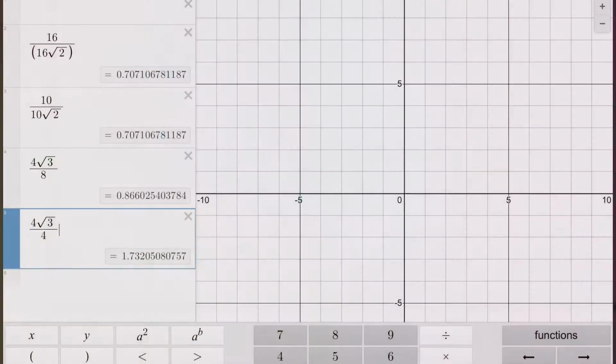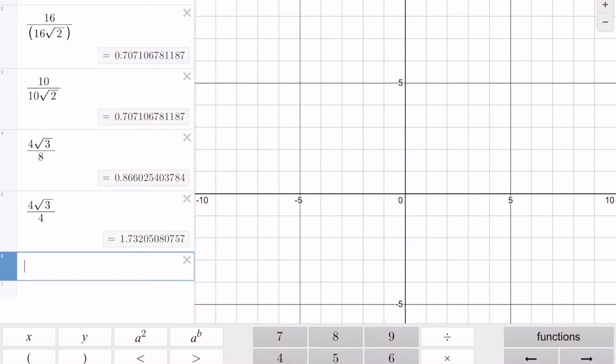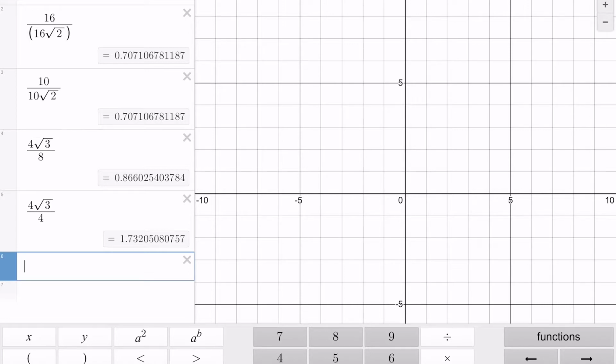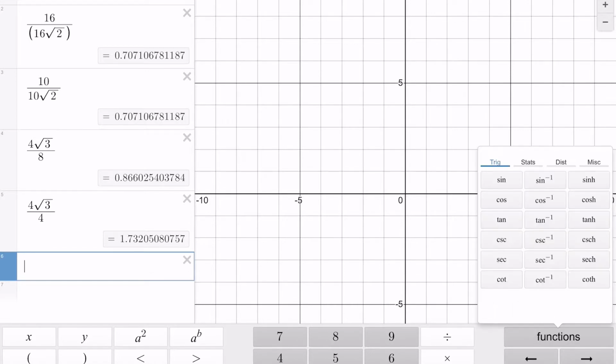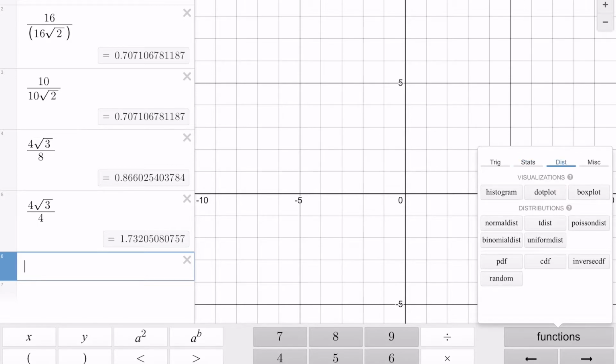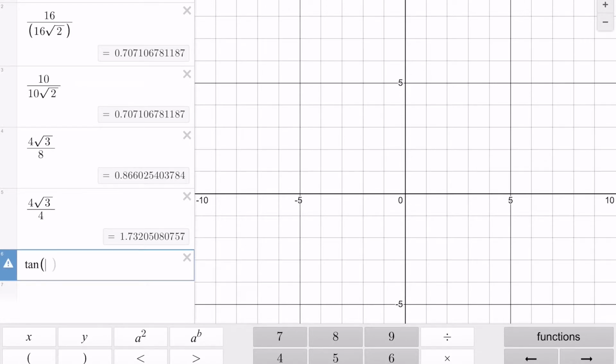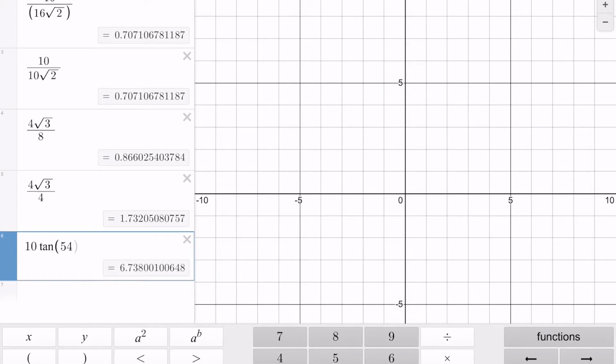So let me go in and let's find that. Now, here's the most important part. You want to make sure that you are in terms of trig. We are going to do tangent. So we're going to do 10 tangent of 54.